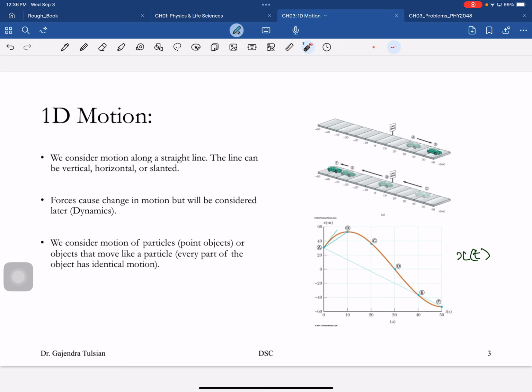In a second you'll learn the following. If you wanted to find the velocity of the object at that time, how do you find it? You go to the graph, draw a tangent line, and the slope of the tangent line is the velocity.